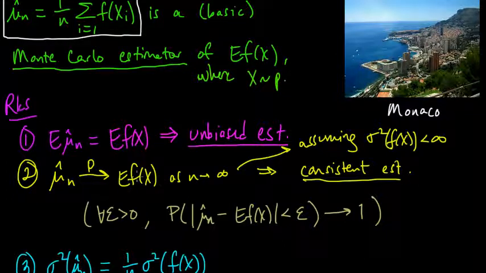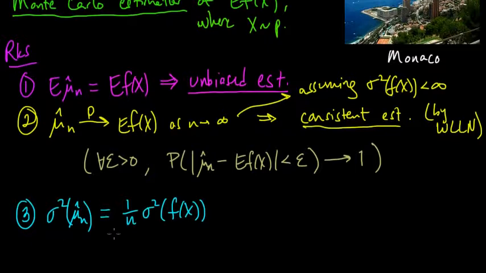And the reason why consistency follows from this is by the weak law of large numbers. So I should have mentioned that here, that this property 2 only holds under this assumption. And now as long as this is finite, this is converging to 0 as n goes to infinity.